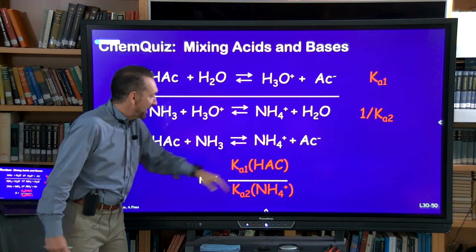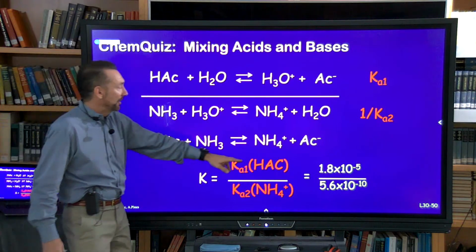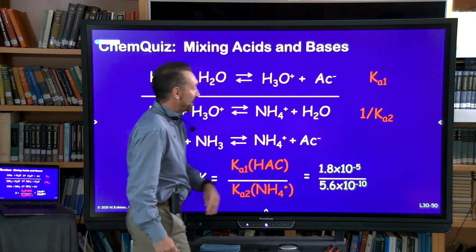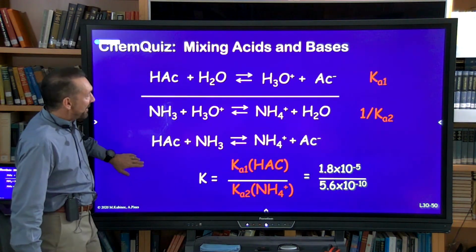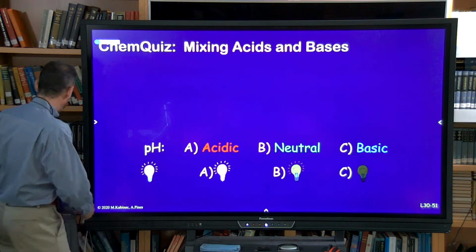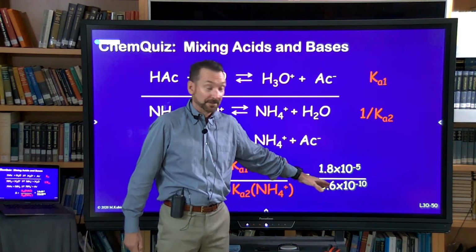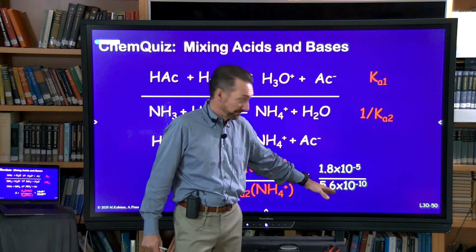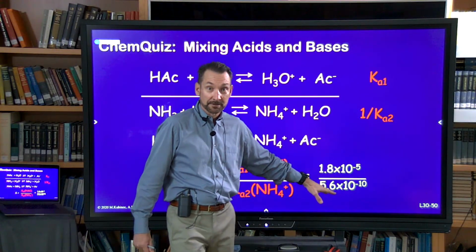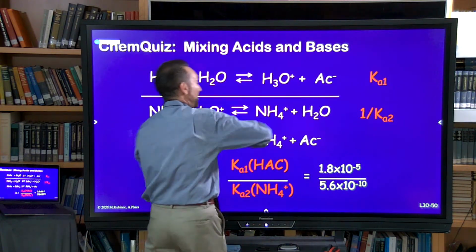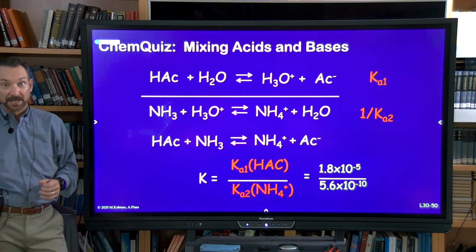It's the Ka1 of HAC over the Ka2 of NH4 plus, and we can go back and look at that. We remember Ka for the HAC was 10 to the minus 5, Ka for the NH4 plus was 10 to the minus 10, so that number is ginormous. 10 to the minus 10 in the denominator comes up as a 10 to the plus 10. So this number is like 10 to the plus 5. So that says this reaction lies all the way over here, and those ions are strongly in solution, and you get a bright light.